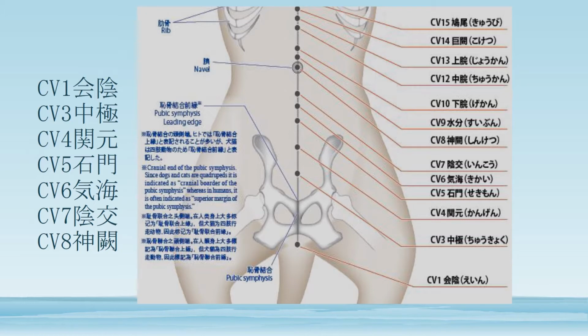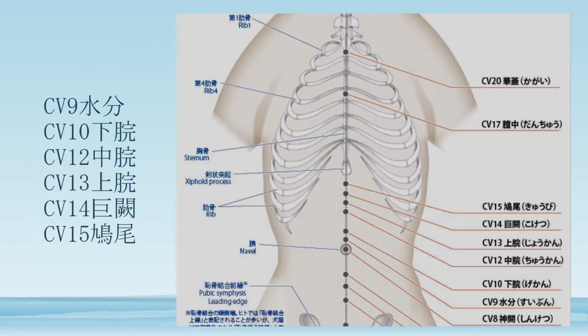Draw a line connecting the navel and the pubic tubercle and divide this line into 5. 1/5 from the pubic tubercle is CV3. 2/5 from the pubic tubercle is CV4. 3/5 from the pubic tubercle is CV5. 4/5 from the pubic tubercle is CV7, and in the middle between CV7 and CV5, there is CV6. At the navel, there is an acupoint called CV8.